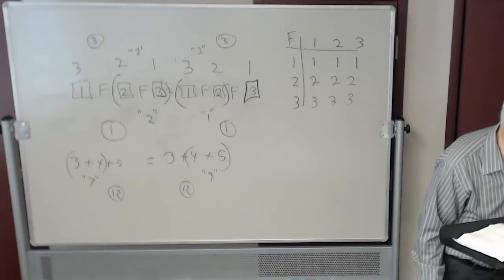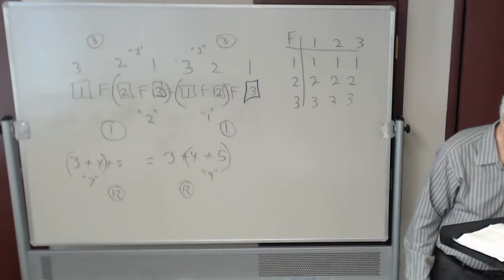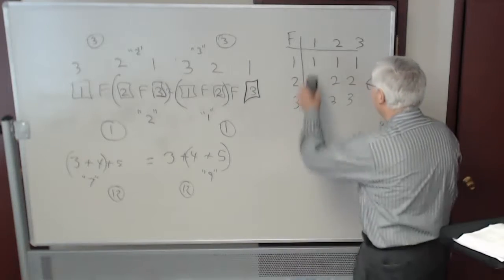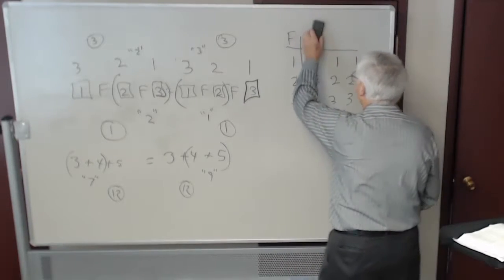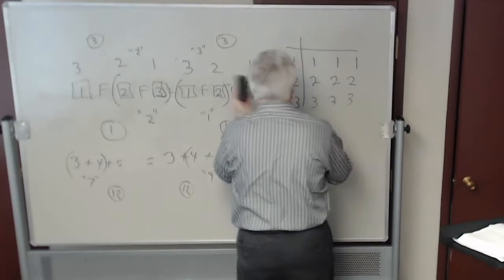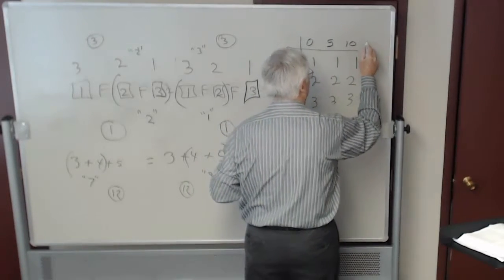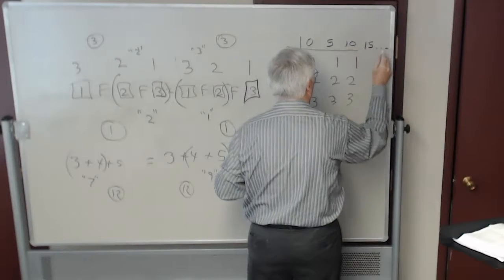Let S be the set of multiples 0, 5, 10, and so on. So now we have 0, 5, 10, what's next? 15, dot, dot, dot.